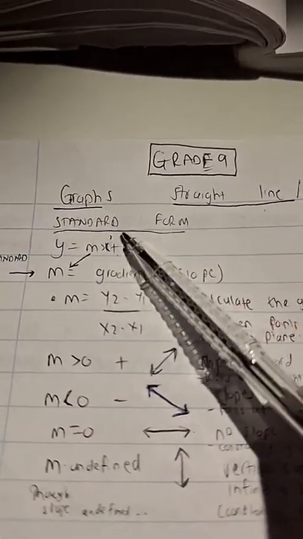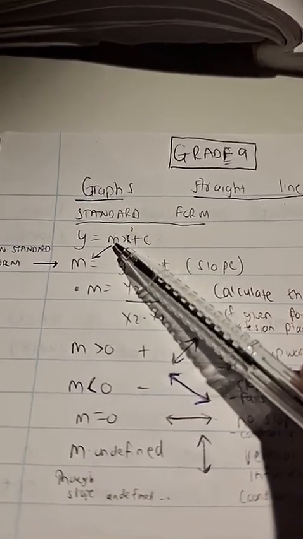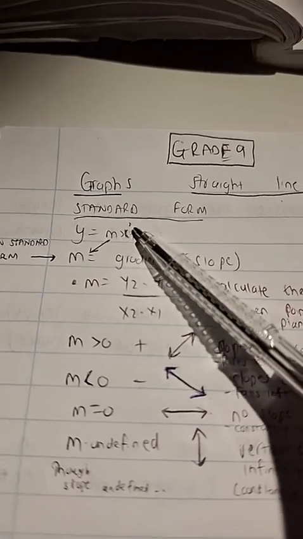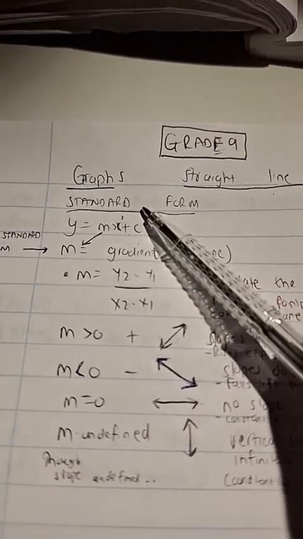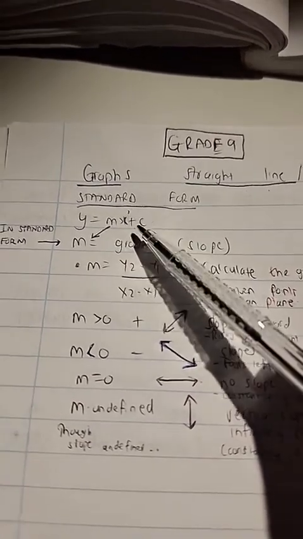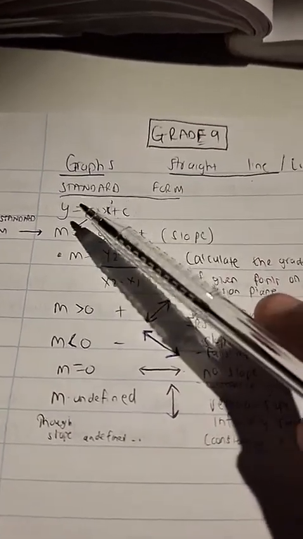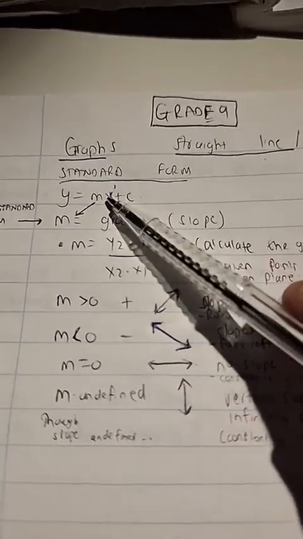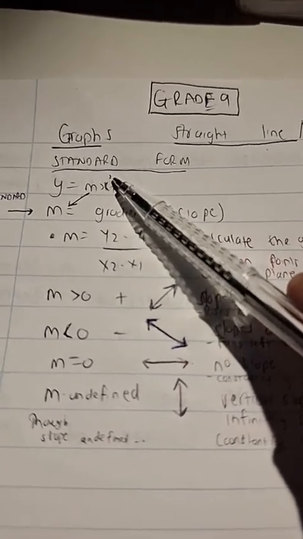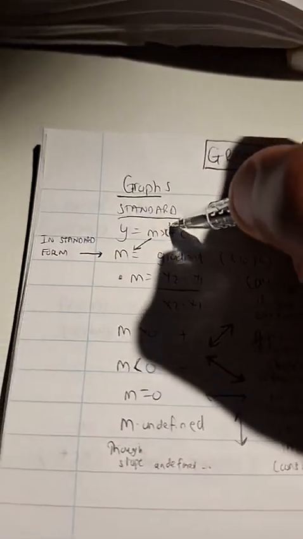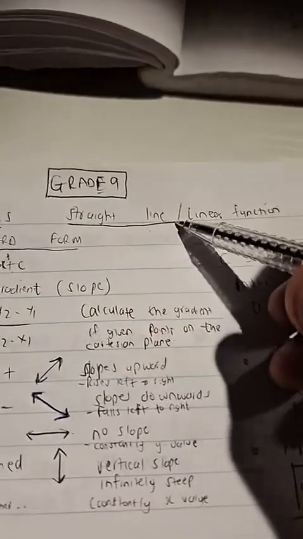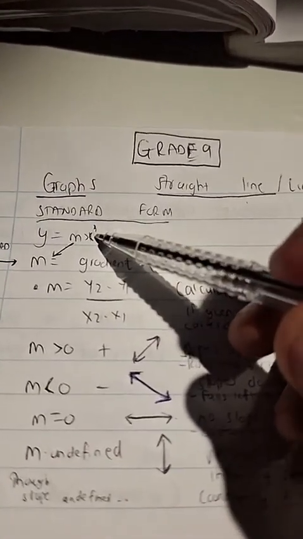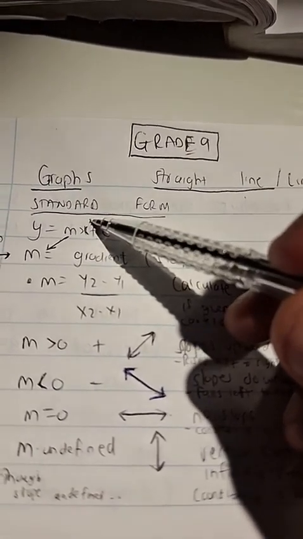The standard form of this straight line is y is equal to mx plus c. Our x has the exponent 1. That's why we say linear, because the x has the exponent 1.